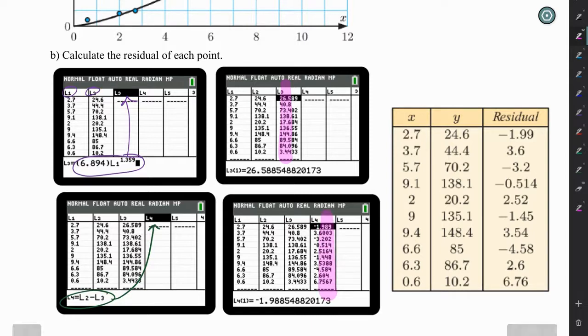So if you were asked to calculate the residual of each point, this table on the right-hand side is what you would write down on your paper, okay? You would say, okay, these were my x's, these were my y's, and these are my residuals. And if you look, you just copy them right out of the calculator, rounding to 3 sig figs.